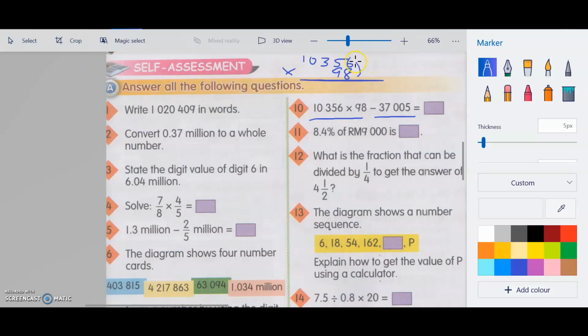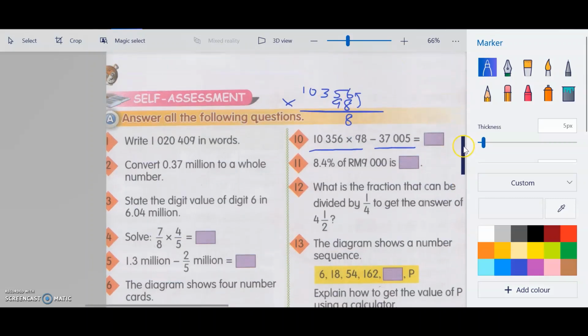You use 8 to times first and then you use 9 to times. 8 times 6, 48, and you write 4 here. 8 times 5, 40, plus 4 is 44. 8 times 3, 24. 24 plus 4, 28. 8 times 1, 8. The second one is 0.